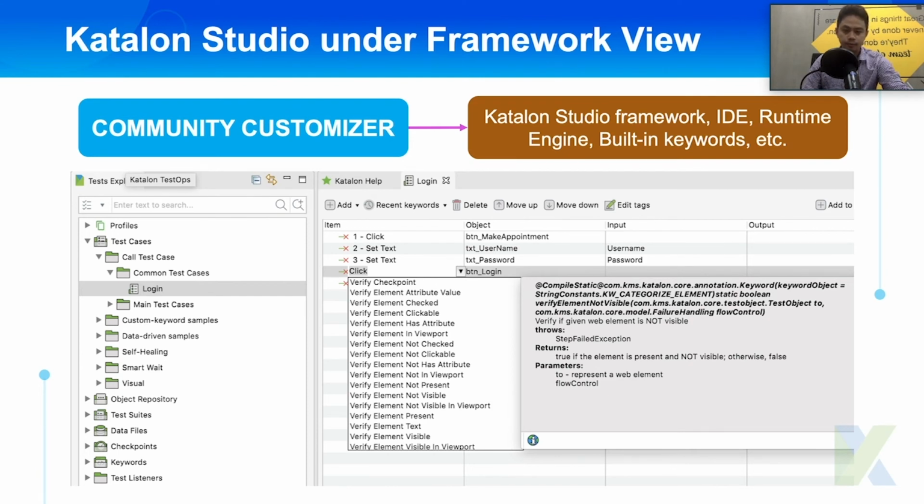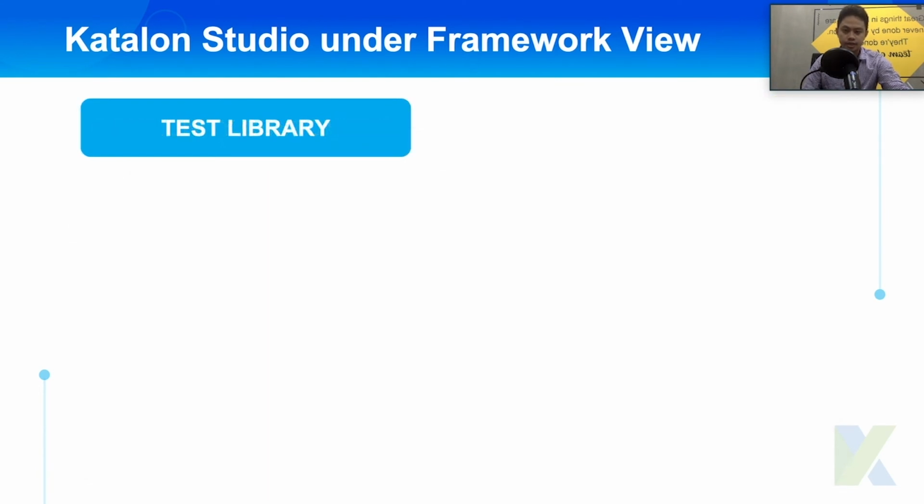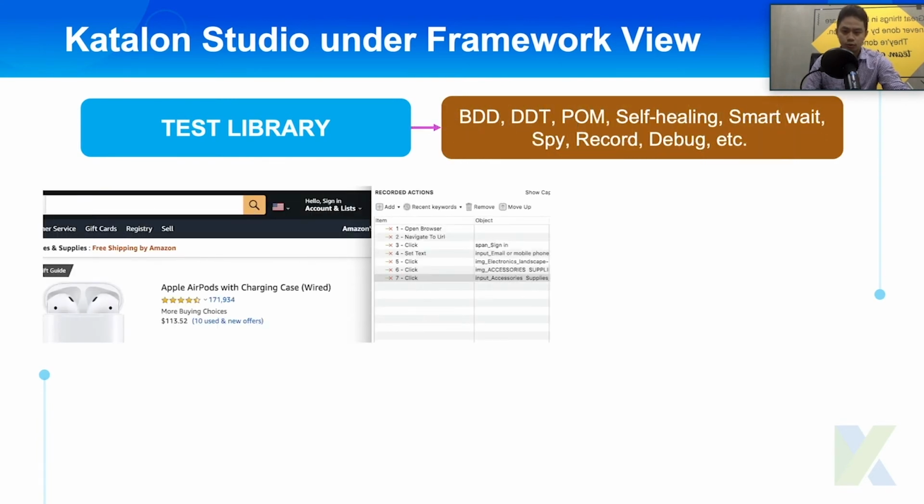In the test library, we have utilities like spy, recording, or debug. This helps people to generate tests very fast, and also helps people without programming skills create test scripts.